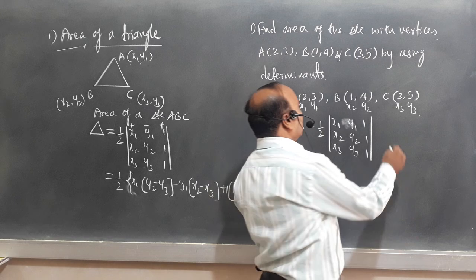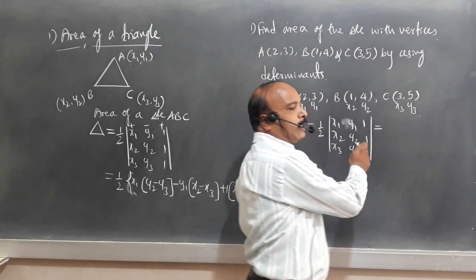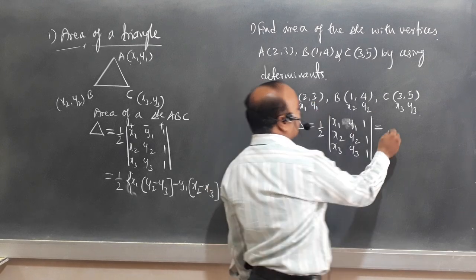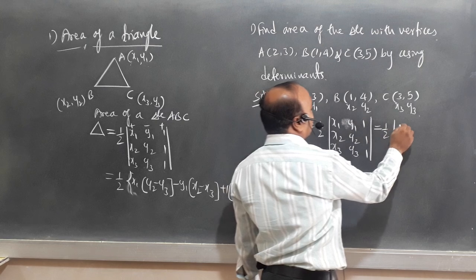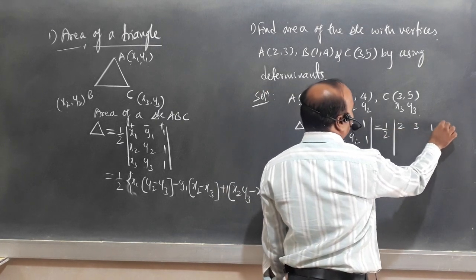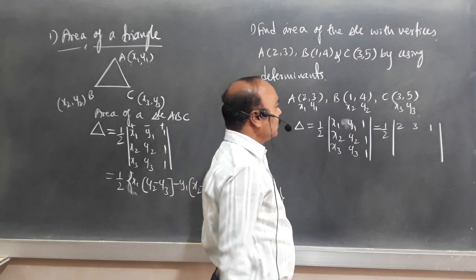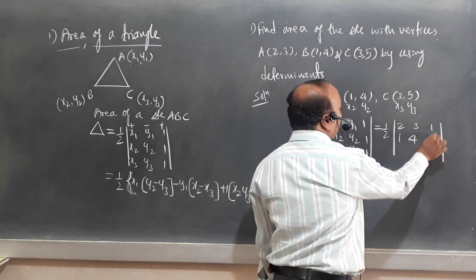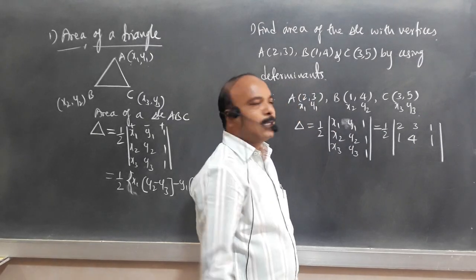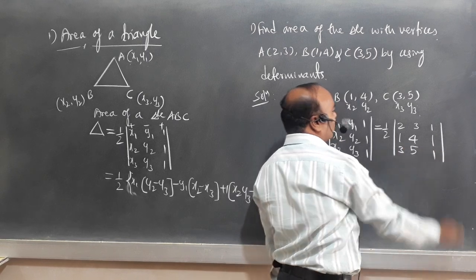Now we substitute the values. It is 1 by 2, determinant of first row 2, 3, 1. Here x1 is 2, y1 is 3. Similarly x2, y2 value 1, 4, it is written 1, 4, 1. And third row x3, y3 value 3, 5, 1.